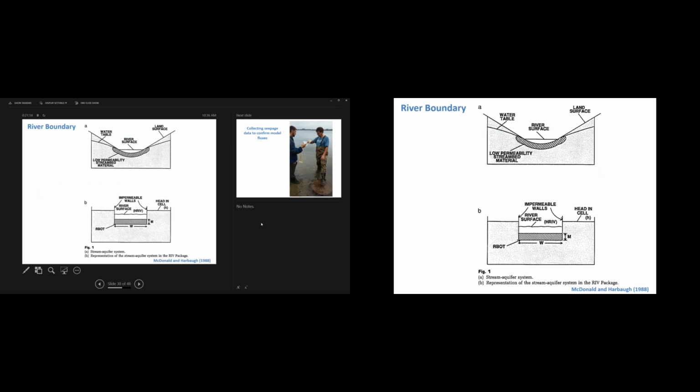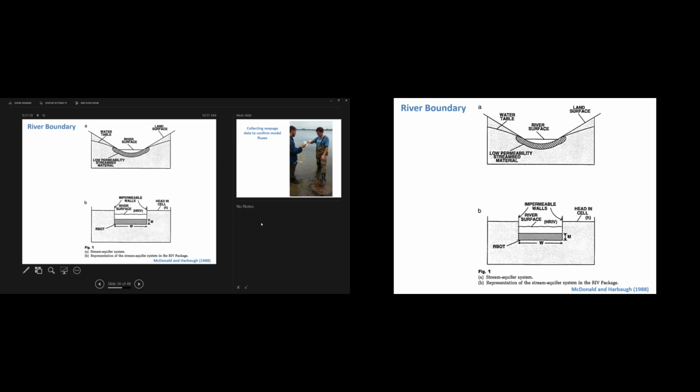Well, so this is the rest of that presentation. We'll have a whole separate discussion about river boundaries, but it's just another package that is added to it, and so you have to make assumptions about the river's interaction with the aquifer. What MODFLOW is doing is called a head-dependent flux boundary.